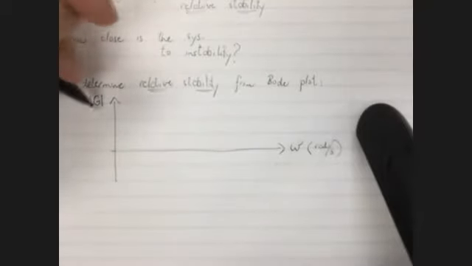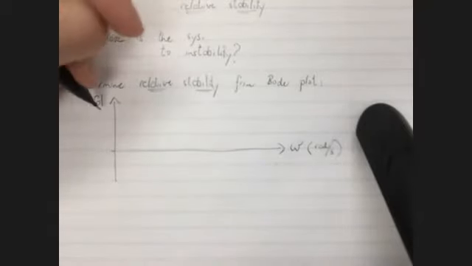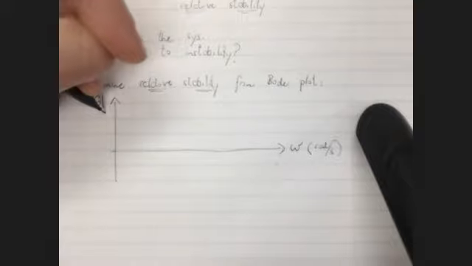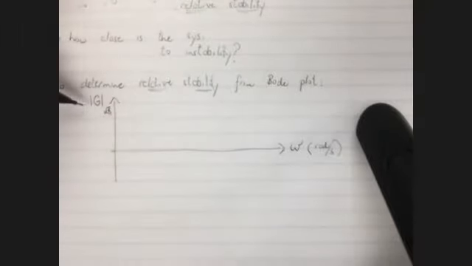And then this magnitude, I'm actually going to take in decibels. We'll talk about decibels in a little bit as well. Magnitude in decibels is going to be a little bit different than just straight up magnitude. I'm going to do a little bit of a tweak.